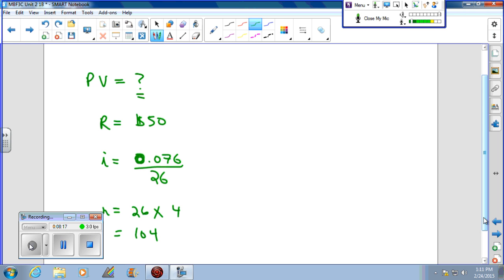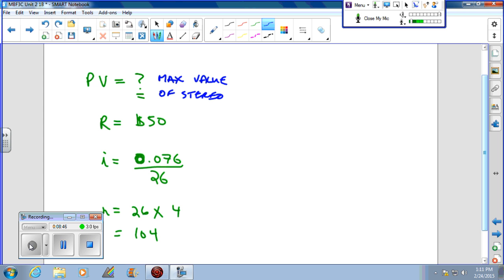All right, I think that's everything, and now we just have to use the formula for the present values, where we actually work out what the possible PV is. Now let's make it clear here, this is the max value. This doesn't mean that she's bought a stereo for that amount.